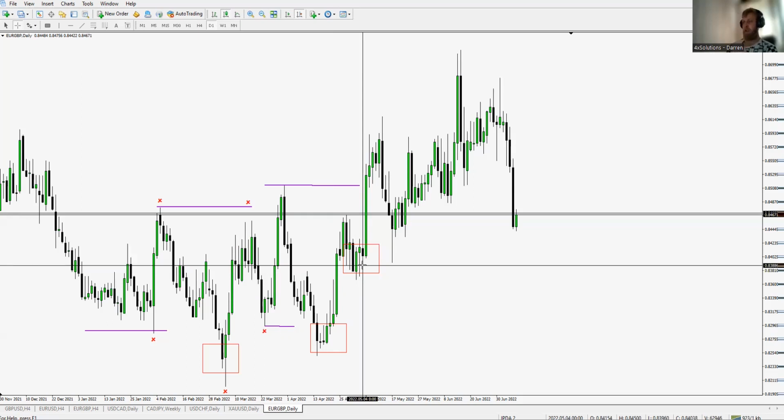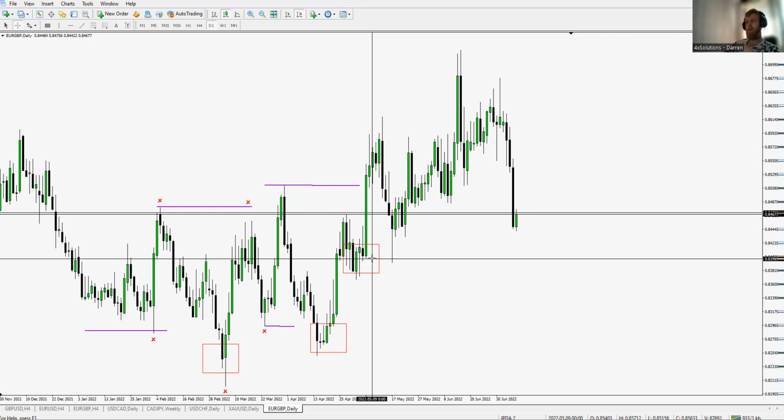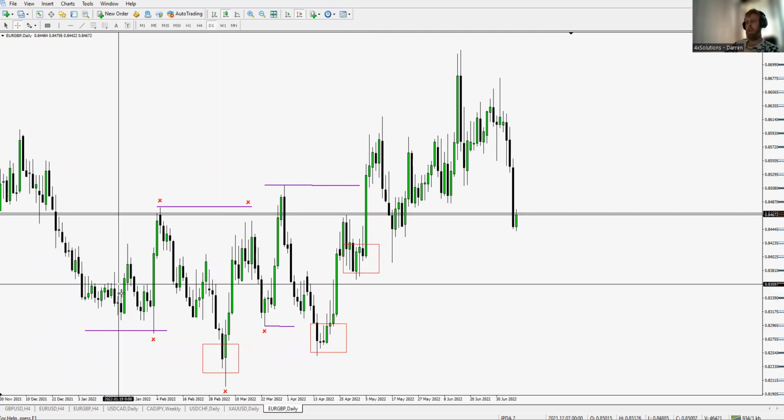So going on, what is the purpose of looking at these impulsive price actions? When we look at impulsive price actions, we are saying to ourselves, where are these institutions buying? Are they buying or are they selling? Based on the chart we are looking at, we can see that they were selling.